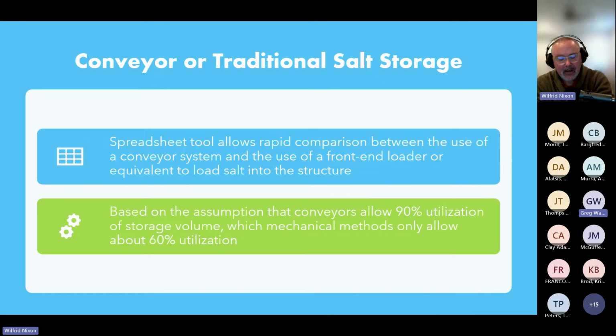We thought that was an important comparison to make available to the user. I know that there are costs associated with a conveyor system, but being able to increase your storage volume by as much as a conveyor system allows has significant financial benefits as well.